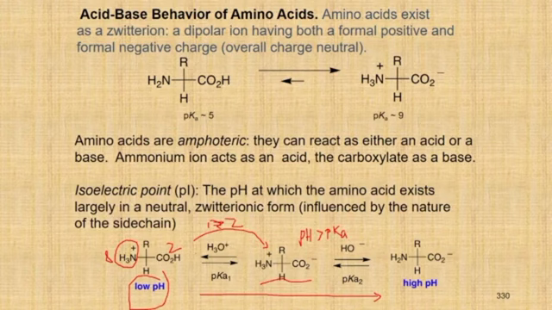So if the medium reaches a pH of 2, which is equal to the pKa of the carboxyl group, then at that stage, half of this amino acid will be in this form and half of it will be in this form. That is, the carboxyl group has dissociated by 50%.